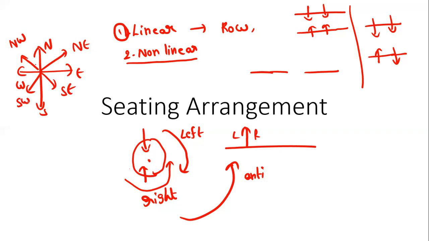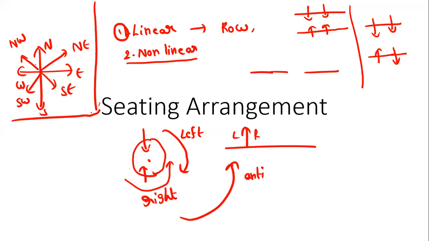Okay. So it can be row type of arrangement and they can use these directions or they can use these indications. If it is a circular arrangement, generally for a circular arrangement, they can't use this northeast kind of things. Only for linear arrangement, they can use these directions saying that the person is facing north.